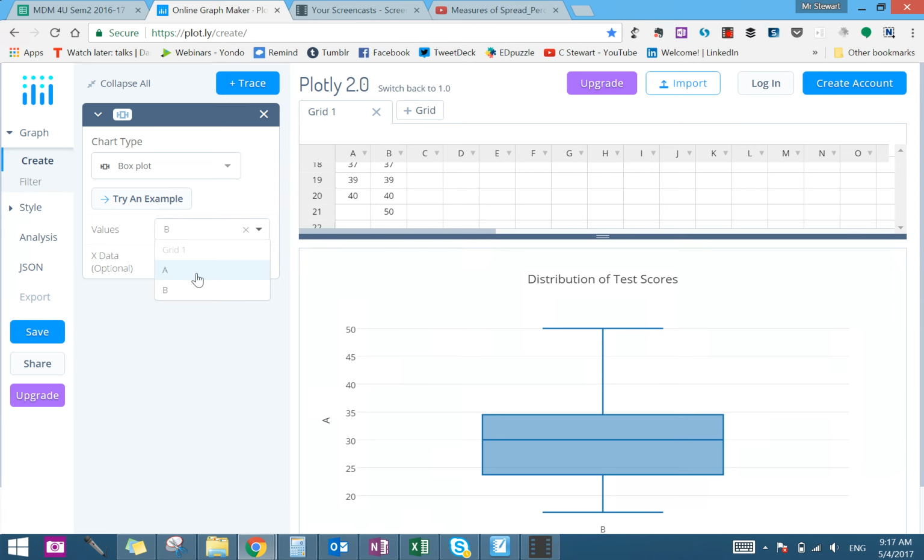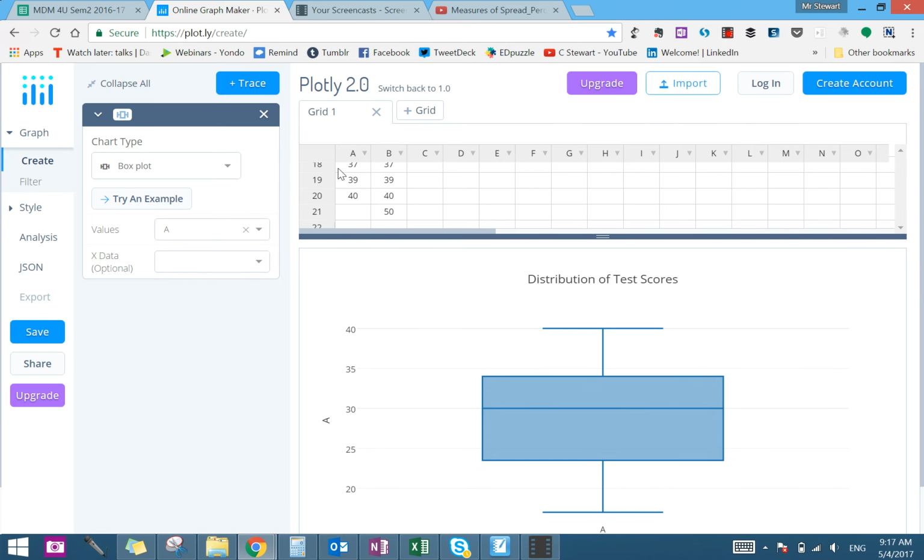A represents the data in column A, which is the original data set. Hovering over top, we have all of the values that we would have identified as min, as max, and then the quartiles: Q3, Q2 (the median), as well as the first quartile, Q1. So there's a visual representation of that.